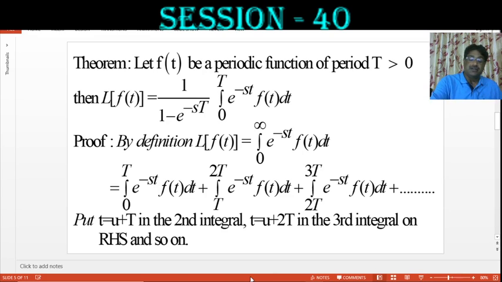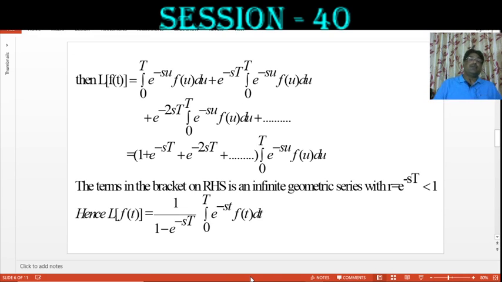Now, from that substitution we get L of f of t equal to integration 0 to T of e raised to minus su into f of u du, plus e raised to minus sT integration 0 to T of e raised to minus su into f of u du, plus e raised to minus 2sT integration 0 to T of e raised to minus su f of u du.